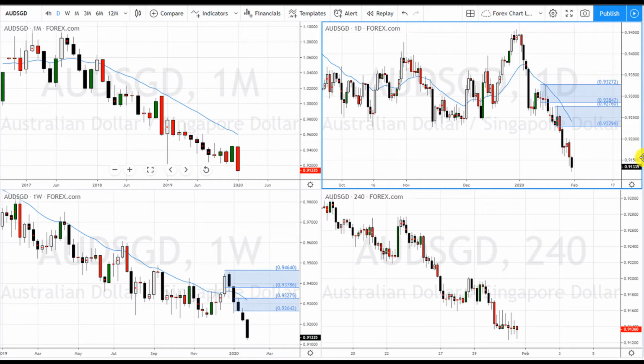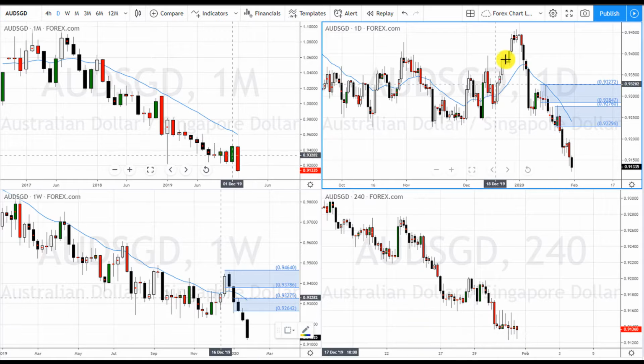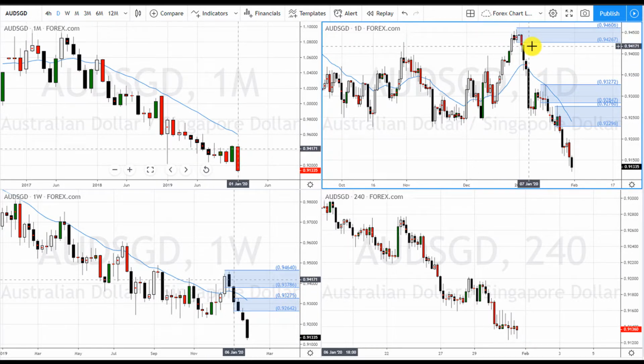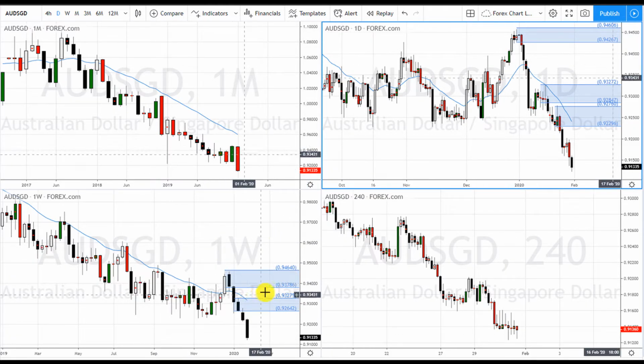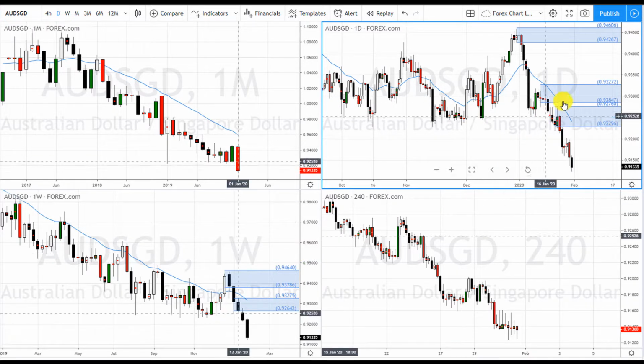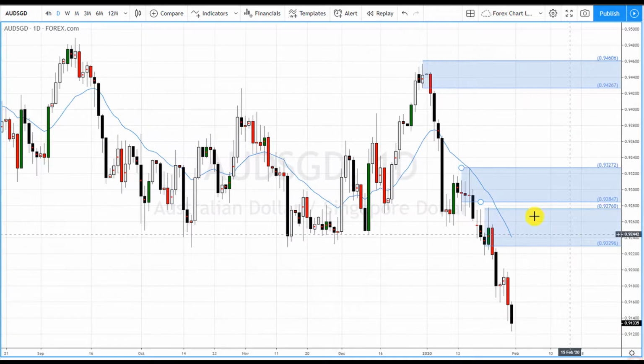So then if it does that, we will want to lean towards the higher supply zones up here, because this is located within this weekly supply zone. That is what we are looking to do, because quite frankly, on the daily, this is overextended.